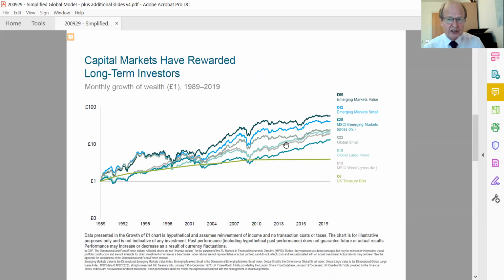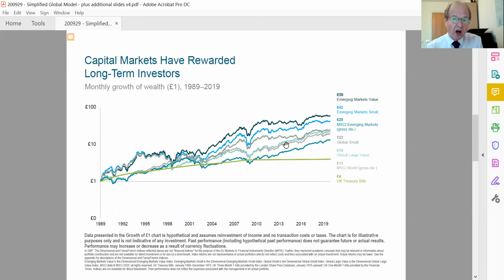If you had invested in world equities across all 12,000 quoted companies with dividend reinvested, you would have achieved £13 from £1.